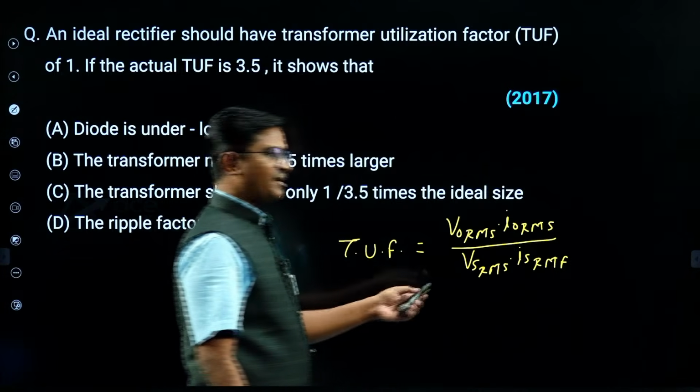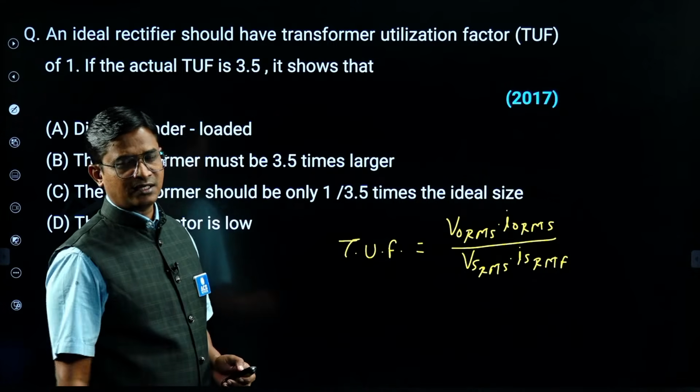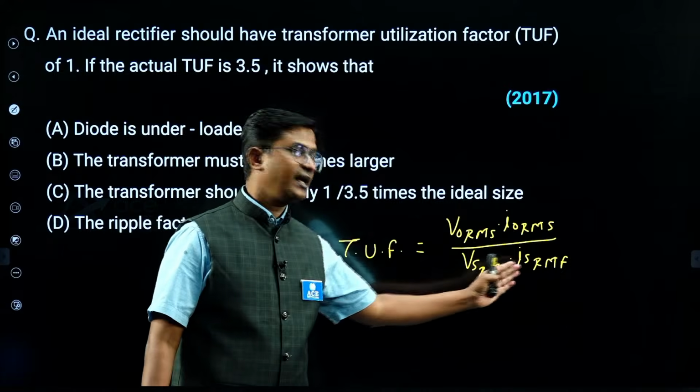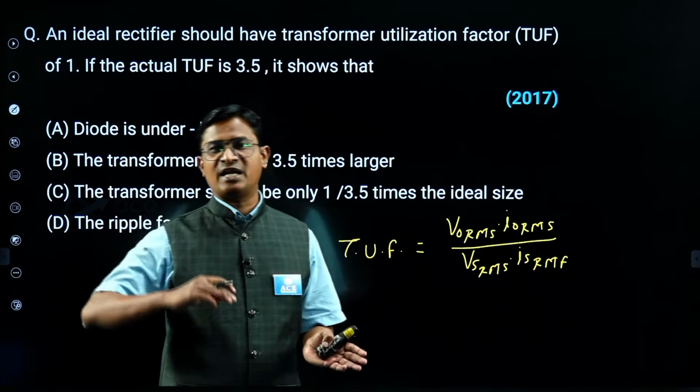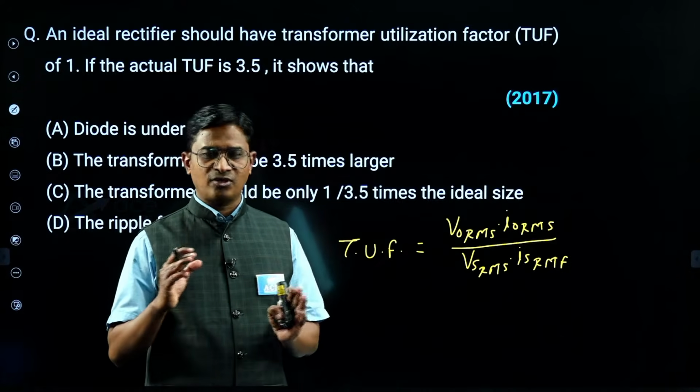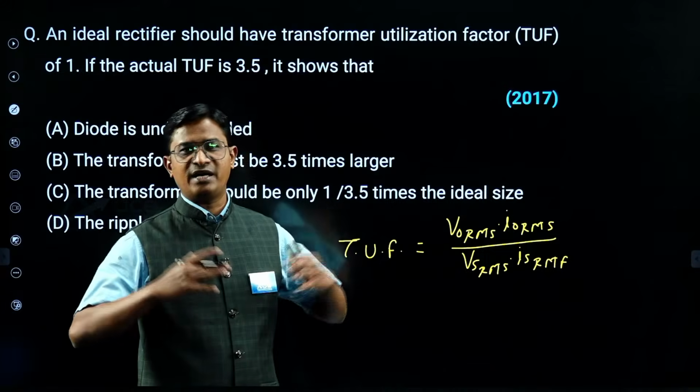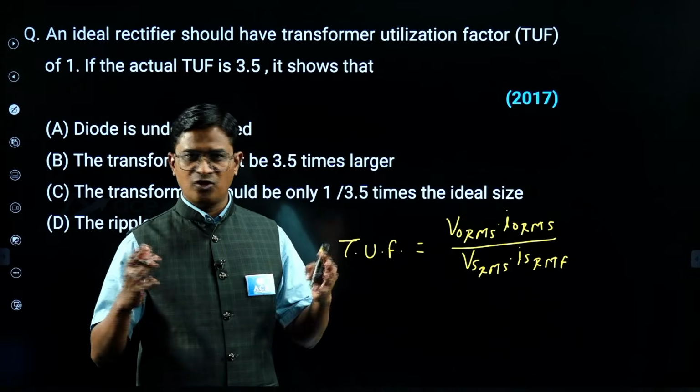This Vs RMS into Is RMS indicates your transformer rating, and based on the transformer rating we decide the size of the transformer, right? More the rating of the transformer, definitely more is the size.